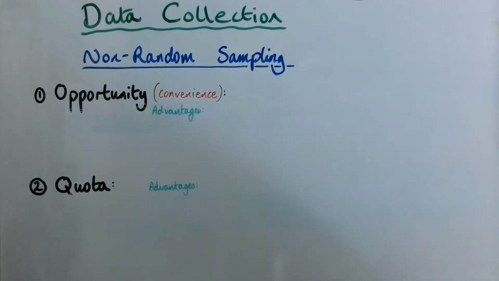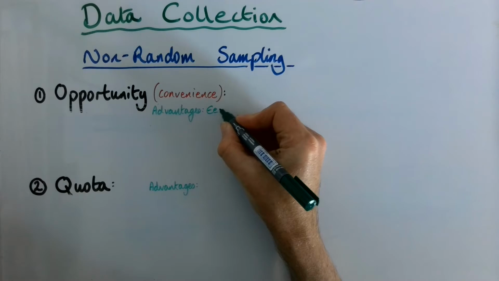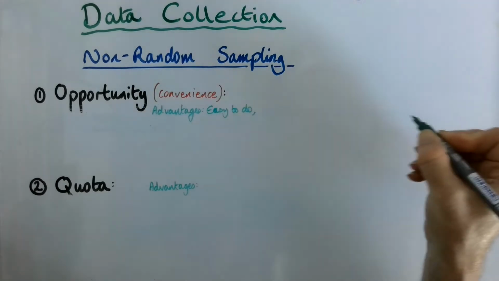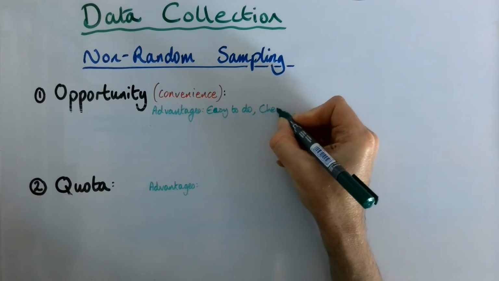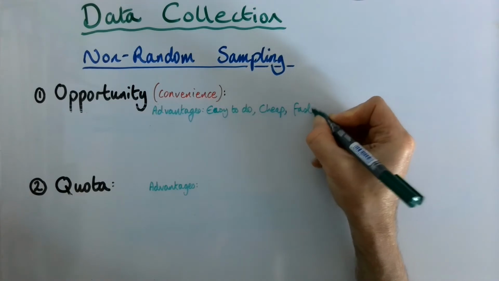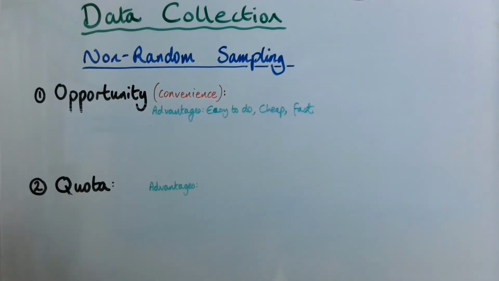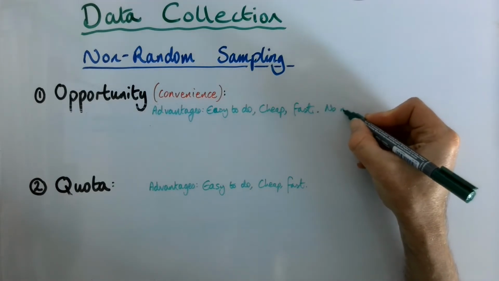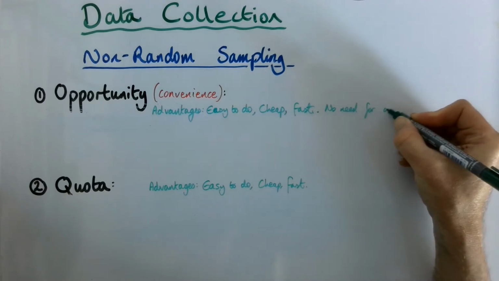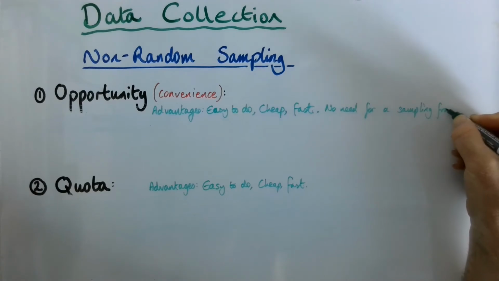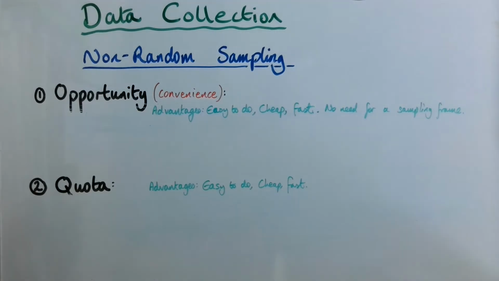Advantages then. It's easy to do. It's cheap. And it's fast. And same again for the other one. Other things that you can say is no need for a sampling frame. If you remember from last time, a sampling frame is a numbered list of everything that you've got.